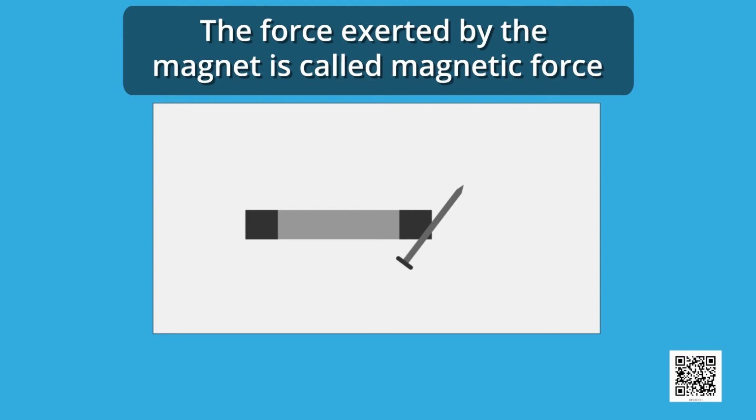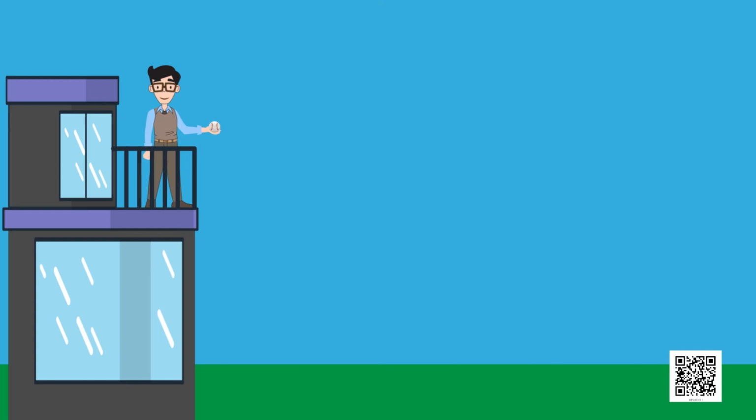Let us see one more example. Take a ball and throw it in the air. You will see that the ball covers a specific distance and then comes back and falls towards the earth. It is clear that a change occurs in the state of motion of the ball.